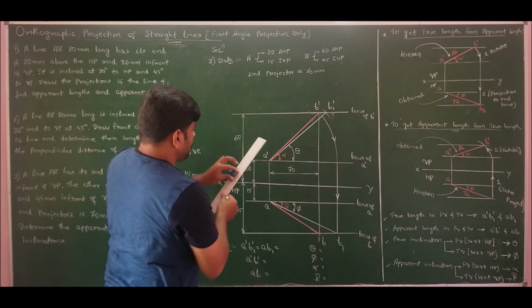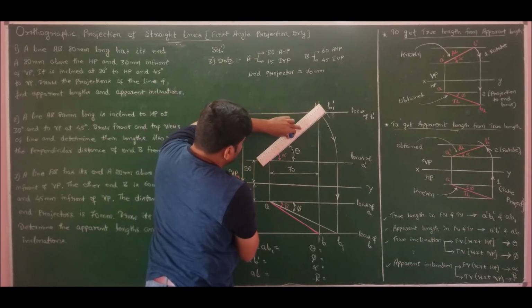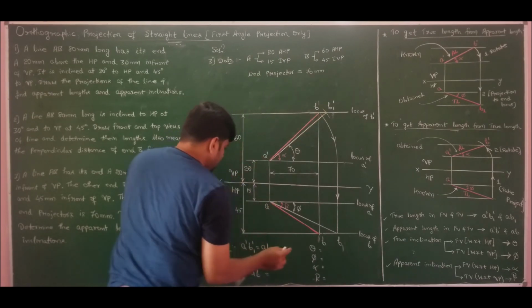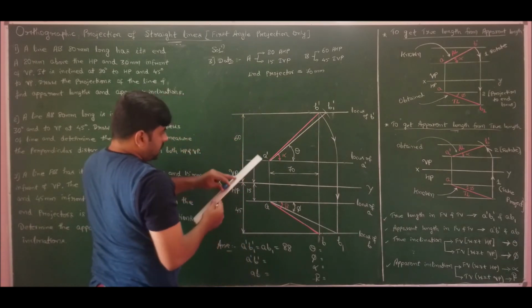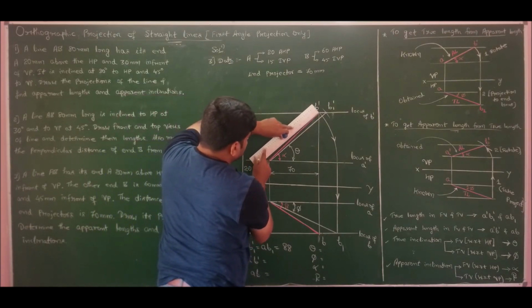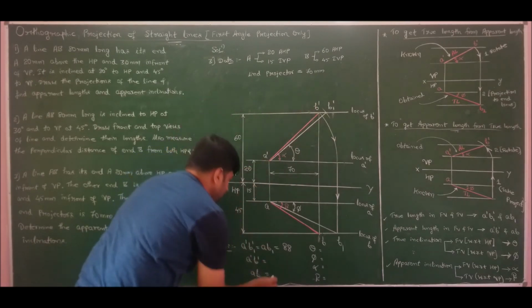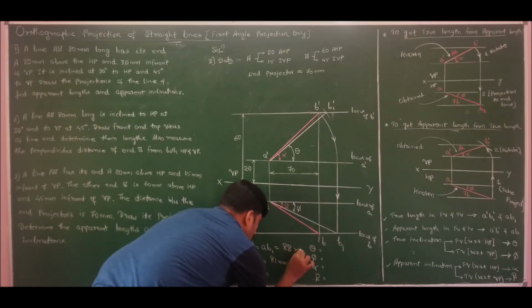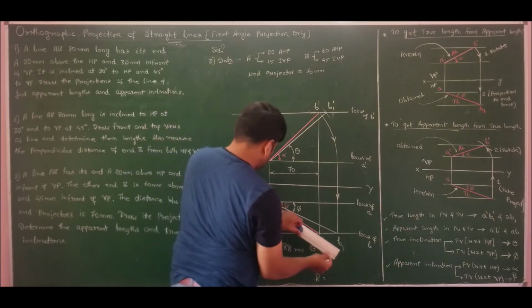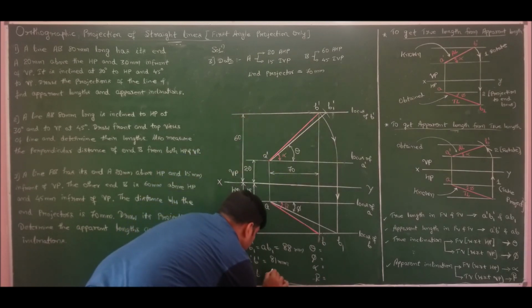So if I measure the true length is turning out to be 88 millimeters. A dash B dash is 81 millimeters. AB 76 millimeters.